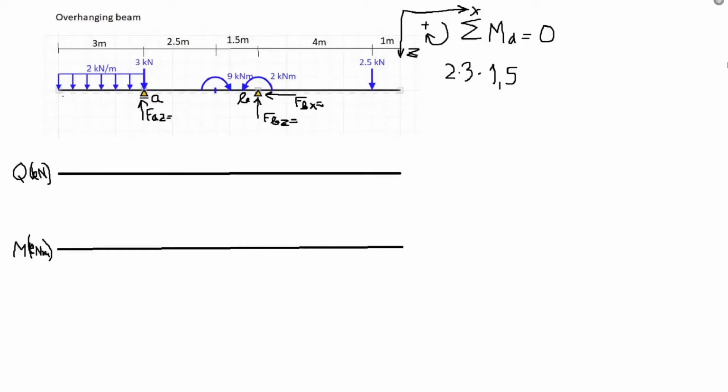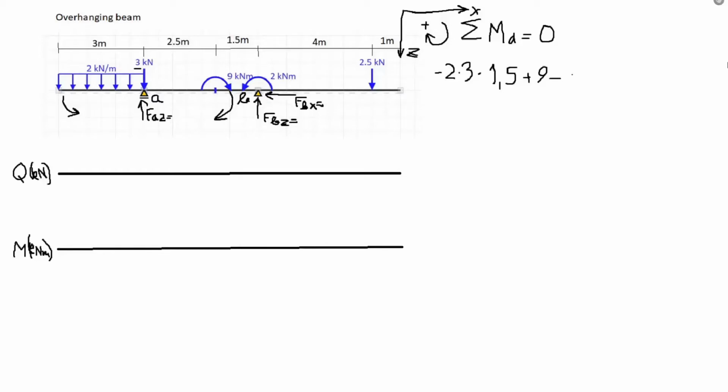So -2 times 3 times 1.5. For the next moment we have this 9 kilonewton meter moment, and since this moment goes clockwise relative to point A, this is a positive moment, so +9.